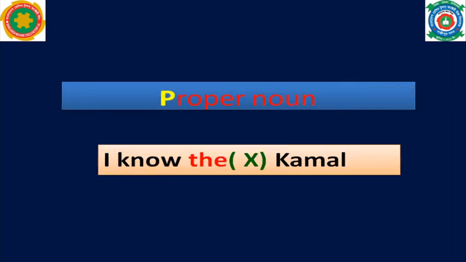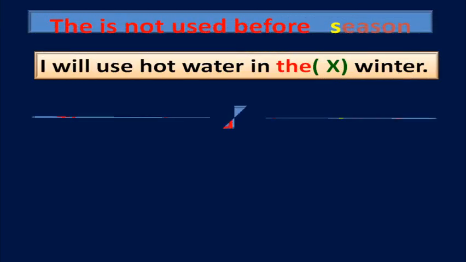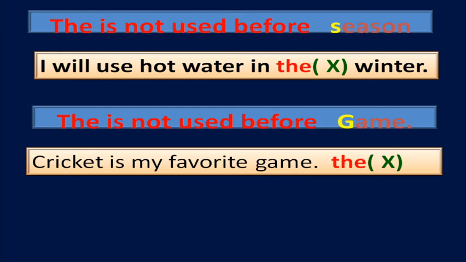Now let's move to another rule. Proper noun. Before proper noun, you should not use "the." I know Kamal, but you should not use "I know the Kamal." It's wrong. Another rule. Move on. So before season, you should not use "the."